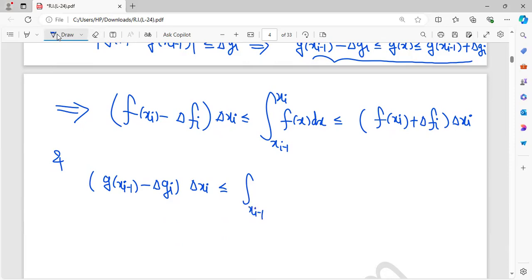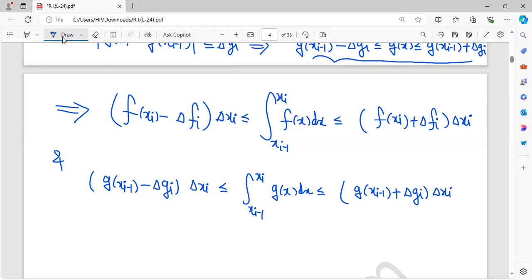Xi minus 1 to Xi, Gx will become here, Gx dx less than or equal to G(xi minus 1) plus delta Gi, delta x.